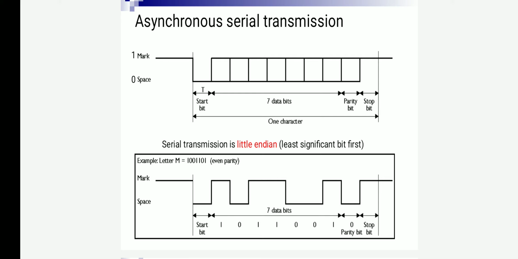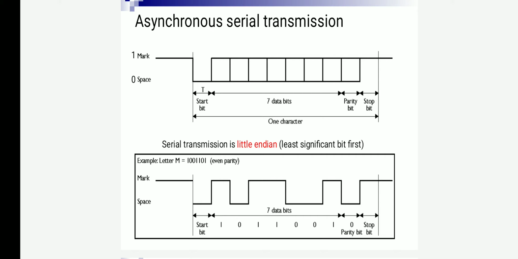One parity bit is there at the end of the data, and finally one stop bit is there to signal the end of the data. So this whole combination makes one character. One character includes 7 bits of data, one start bit, one parity bit, and one stop bit.